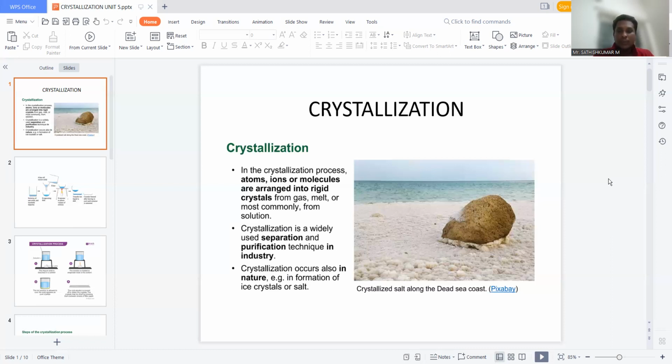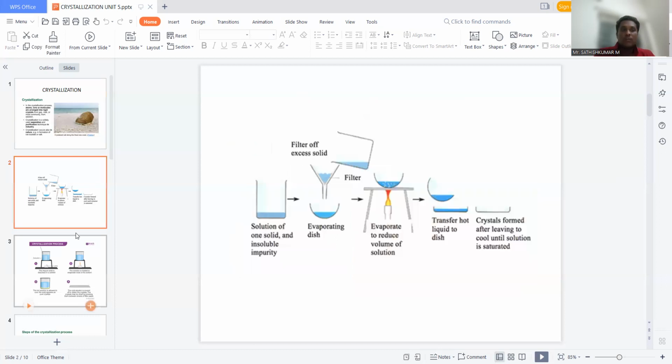Let's move on to the process of crystal formation. The first picture shows a solution of one solid and insoluble impurities. Next, the excess solids are filtered, and the remaining solution is placed into an evaporating dish.